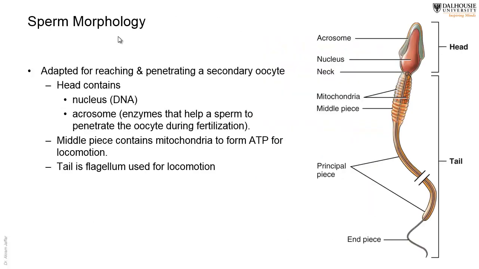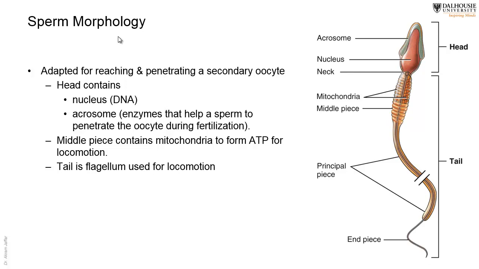This is the mature sperm here after the process of spermiogenesis, and you can see it has a head which is modified. It contains the nucleus. This nucleus contains 23 chromosomes only, n number of chromosomes, and there is a piece here which is called acrosome.